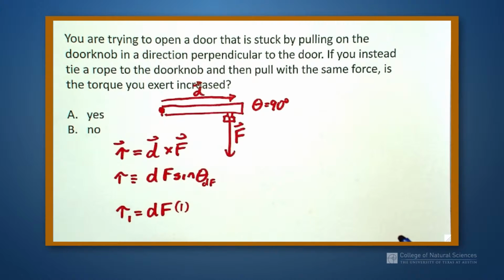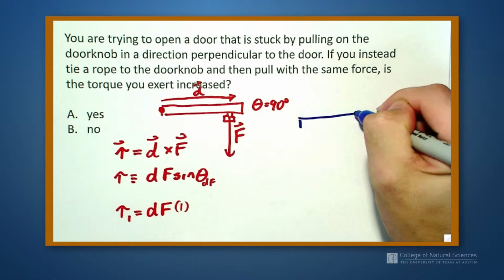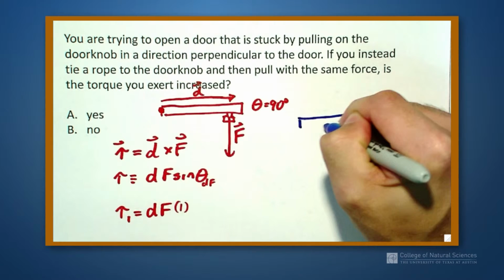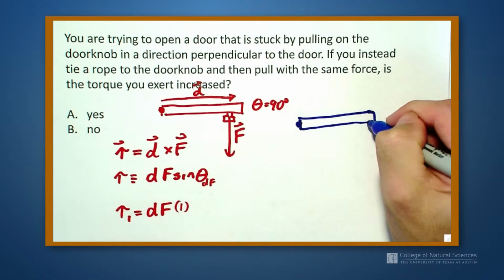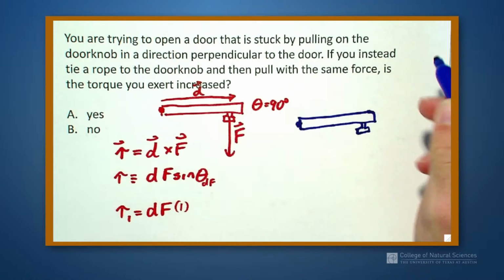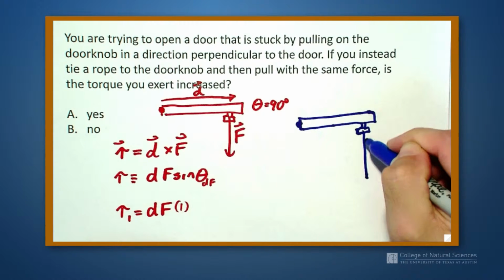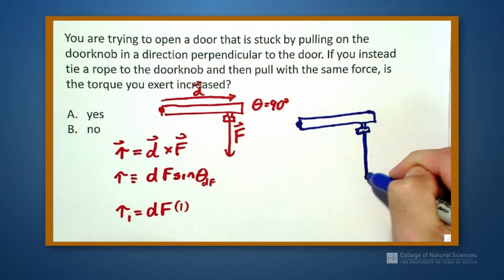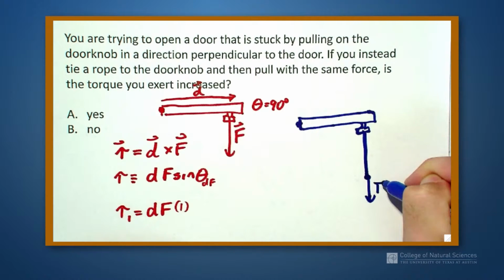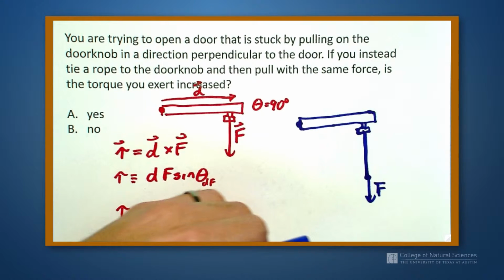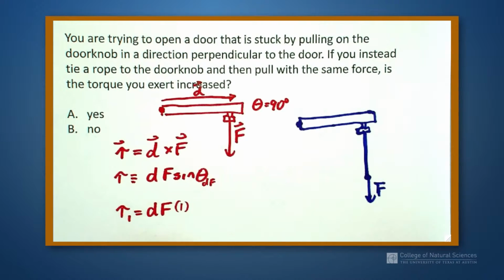So let's look at the second case, where we have the doorknob attached to the door. We have our hinge again. And this time we're going to put a string over, and then we're going to pull with a tension force, or our force again applied there. Well, there's two ways to think about this problem.